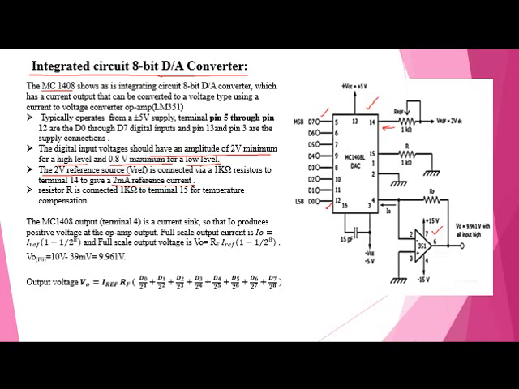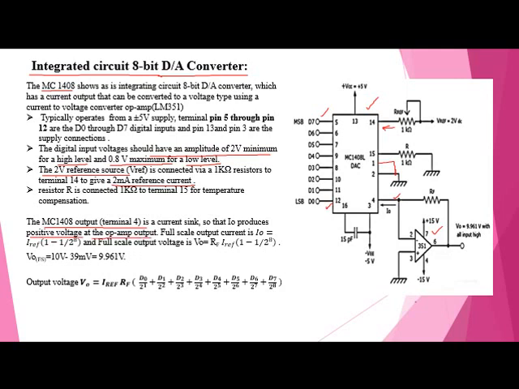Pin number 1 and 2 are grounded. The MC1408 output, terminal 4, is a current sink, I naught. It produces a positive voltage at the output of the op-amp.